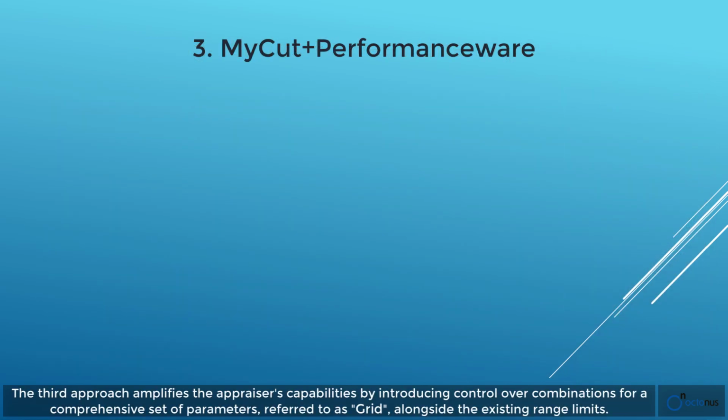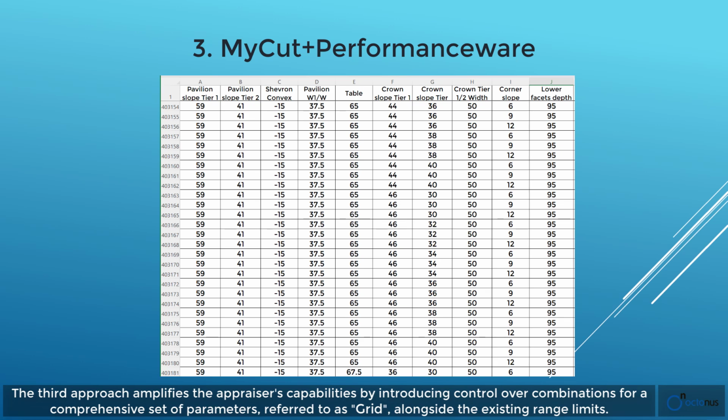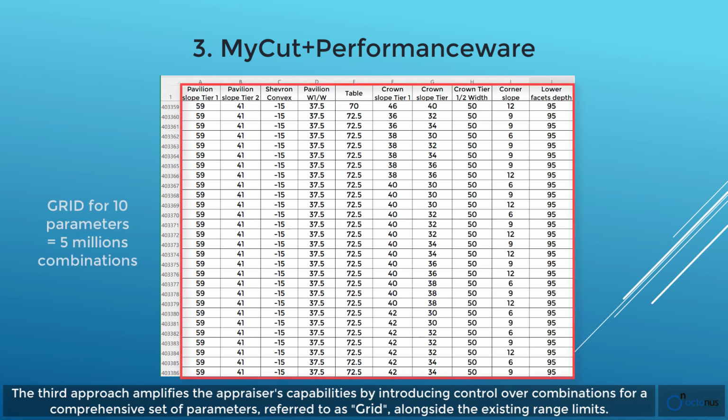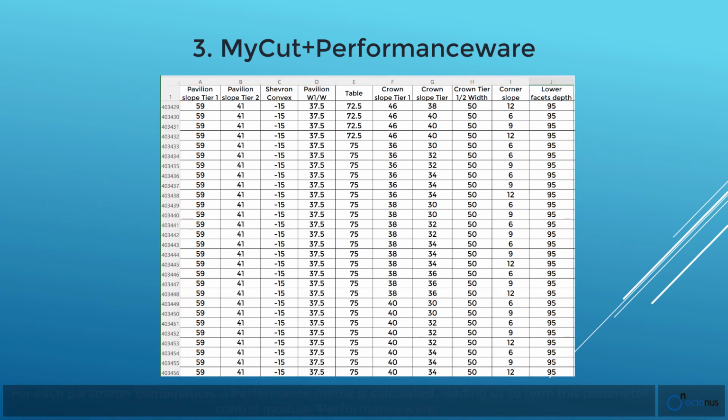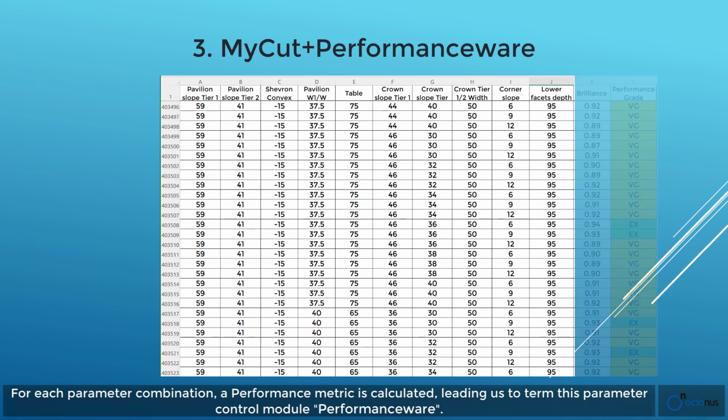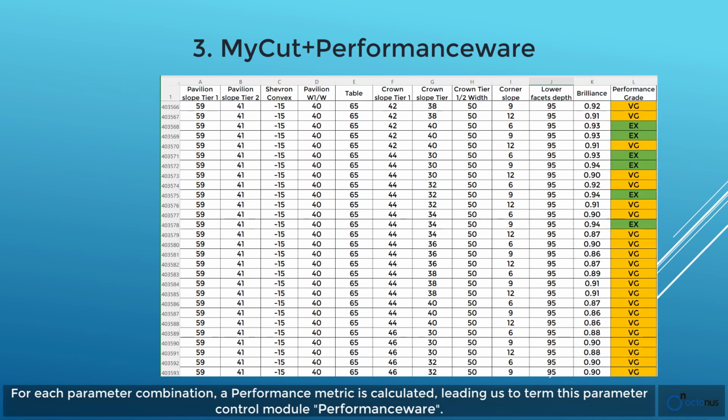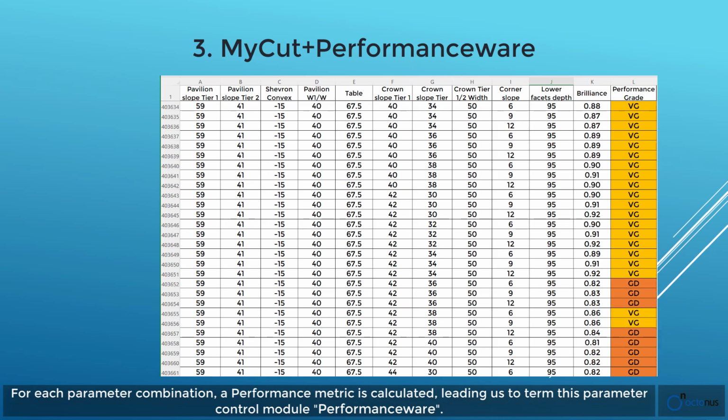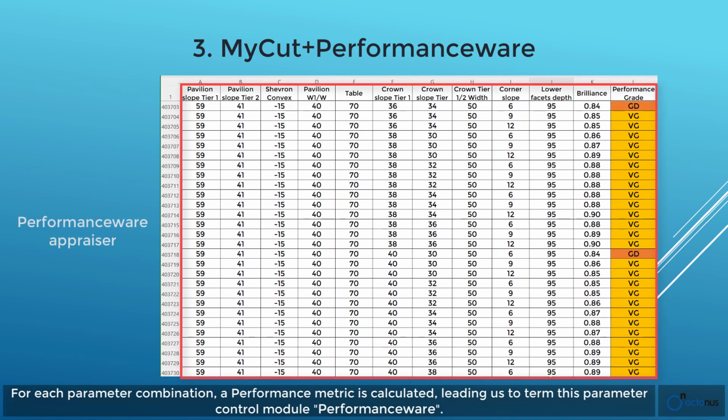The third approach amplifies the appraiser's capabilities by introducing control over combinations for a comprehensive set of parameters, referred to as grid, alongside the existing range limits. For each parameter combination, a performance metric is calculated, leading us to term this parameter control module Performanceware.